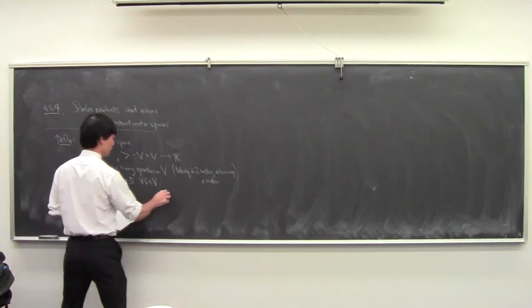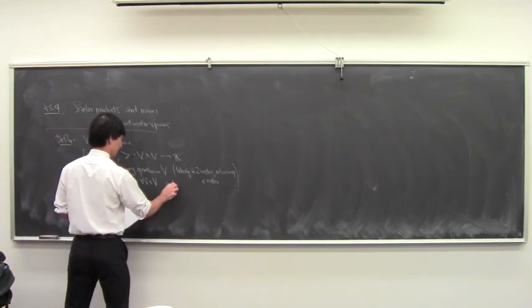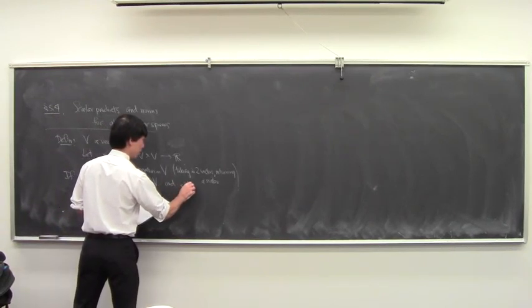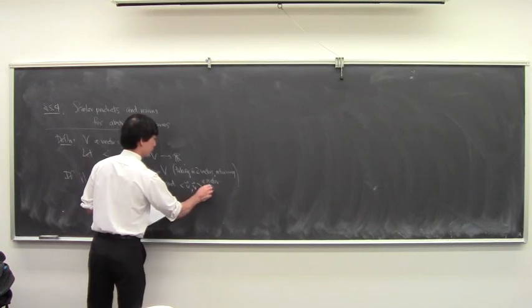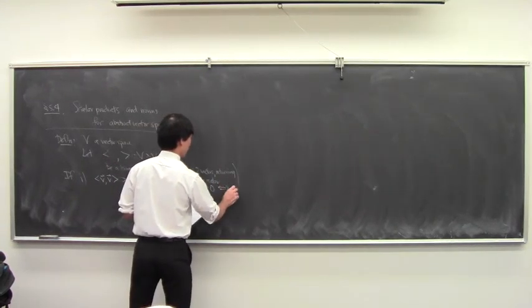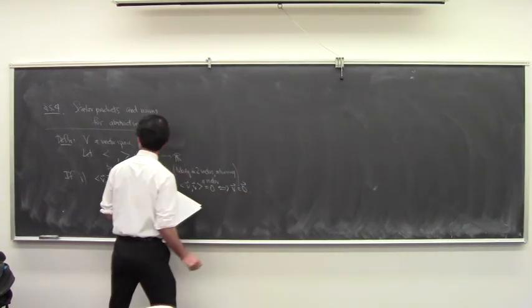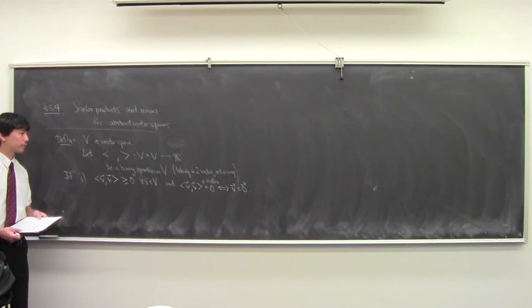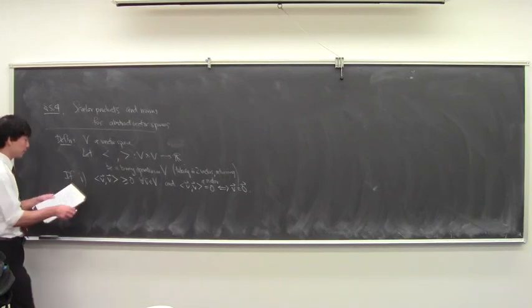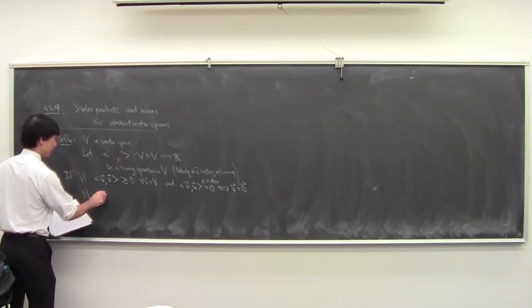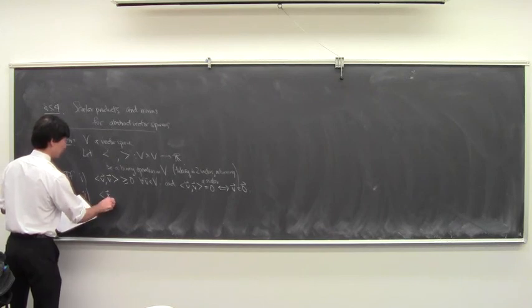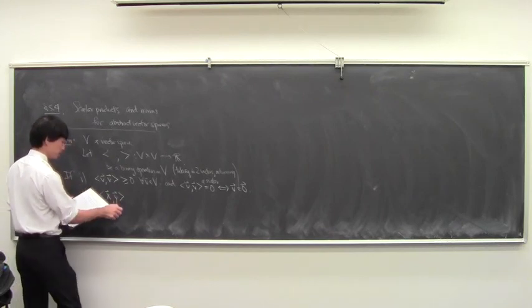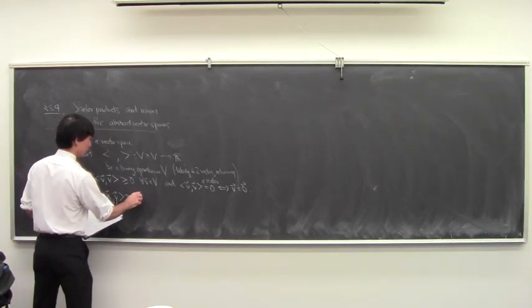And we also want V against V to be 0 if and only if V is the 0 vector. Second, we would like this product to be commutative.